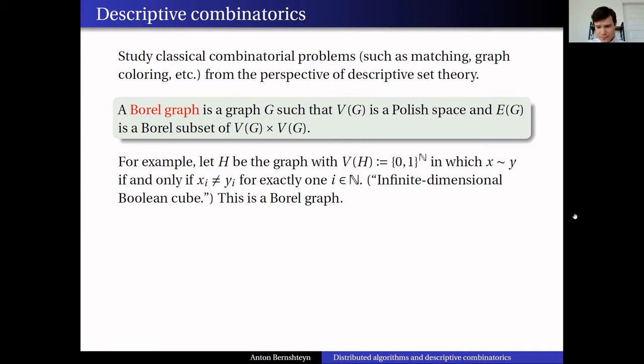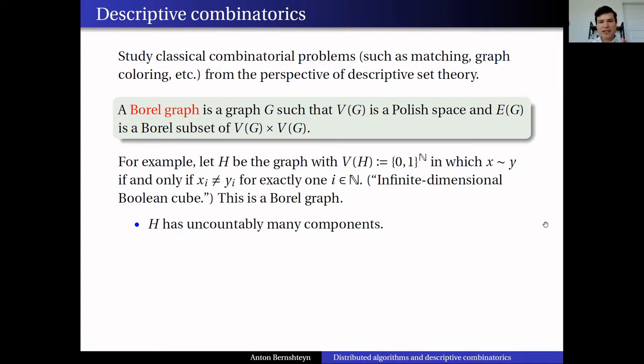So I should point out that there is something different between this infinite dimensional Boolean cube and the finite dimensional analogs. Namely, the graph H is disconnected. Not only is it disconnected, it actually has uncountably many connected components. The reason is that if we start with a vertex X and follow a path, when you take a step along an edge, you can only change the value of one coordinate.